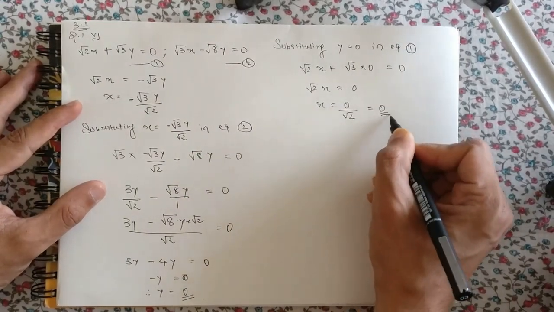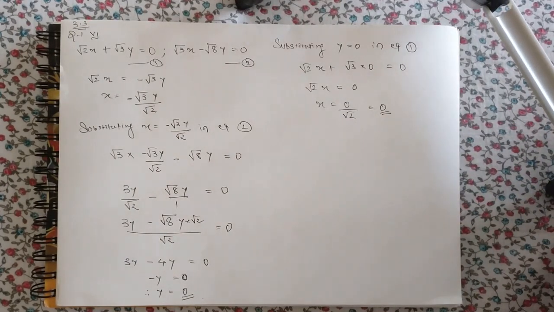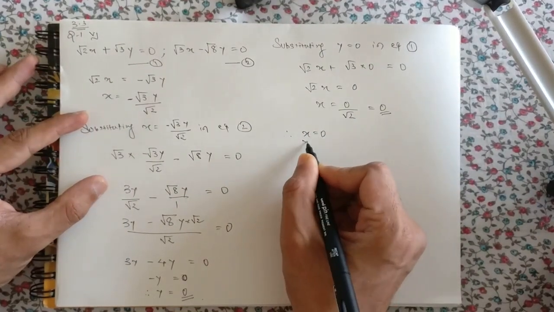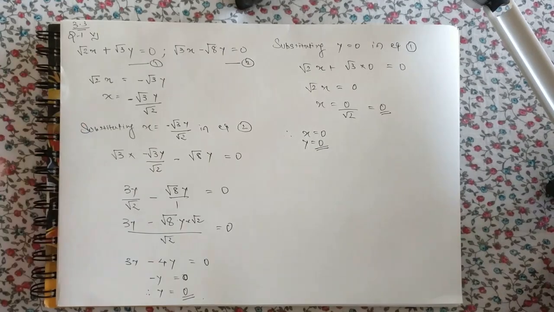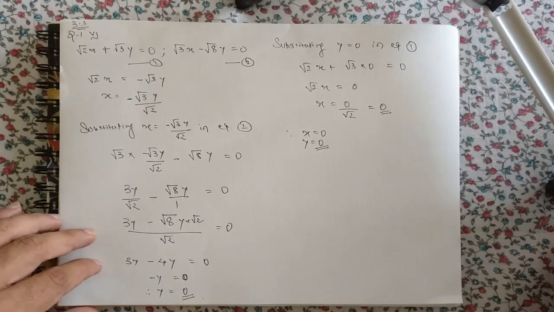That is 0. So strange but true that we are getting the value of x and y both as 0. Therefore x is equal to 0, y is equal to 0 are the solutions of the given pair of linear equations in two variables. We have solved it by the method of substitution. Okay, so we tried two questions. The first one was a bummer.